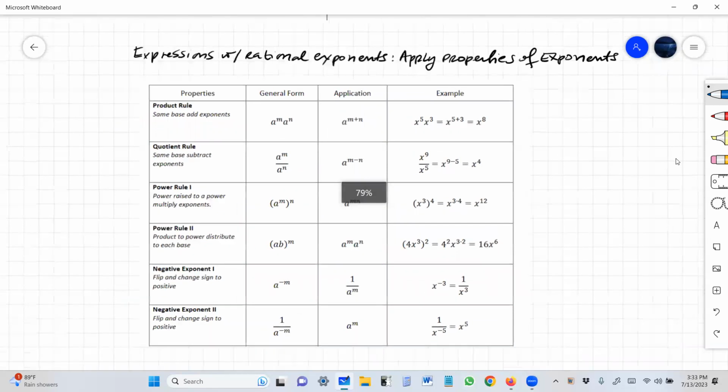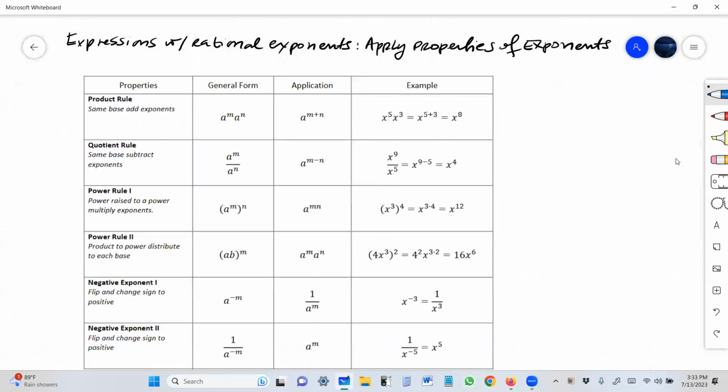Just shrink this just a tiny bit. These are the properties of exponents as we've seen them before. And I'm just placing them here so that we can take a look briefly and remind ourselves exactly what they are. So we have the product rule when we are multiplying variables with different exponents.